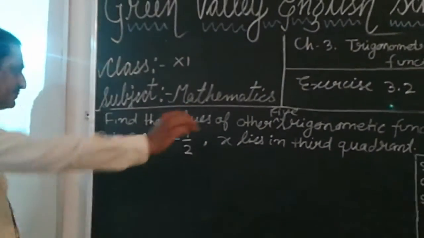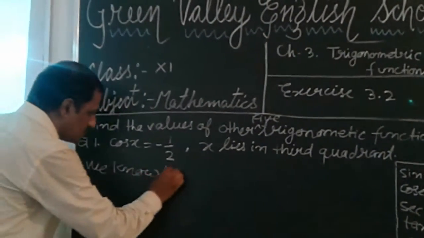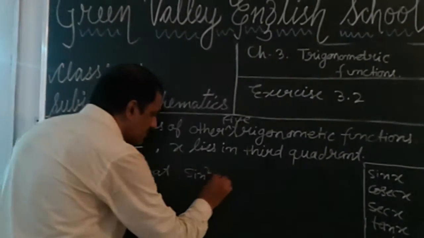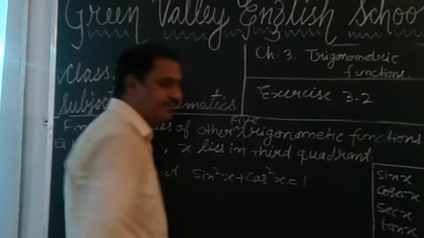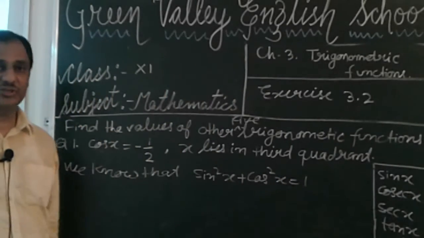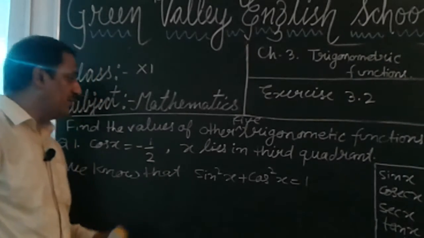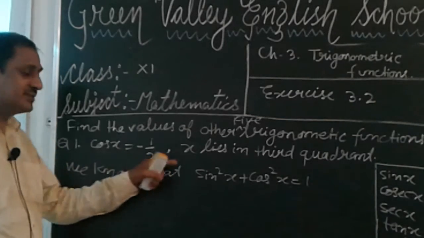Children, we know that sin square x plus cos square x is equal to 1. By using this identity we can find the value of sin x, because the value of cos x is given.